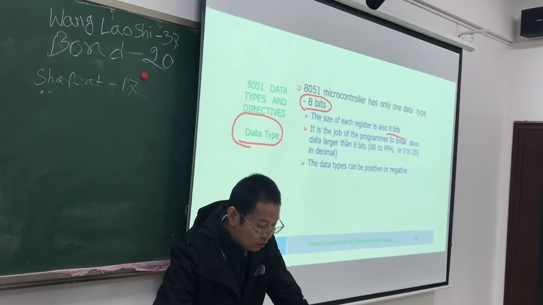It is the job of the program to break down data larger than 8 bits. Which means 255 is the maximum number. The data type can be positive or negative.